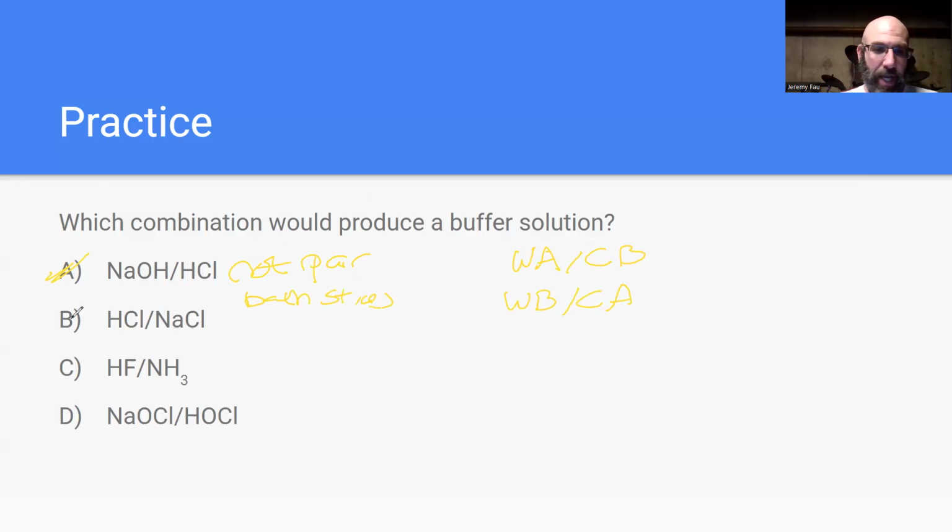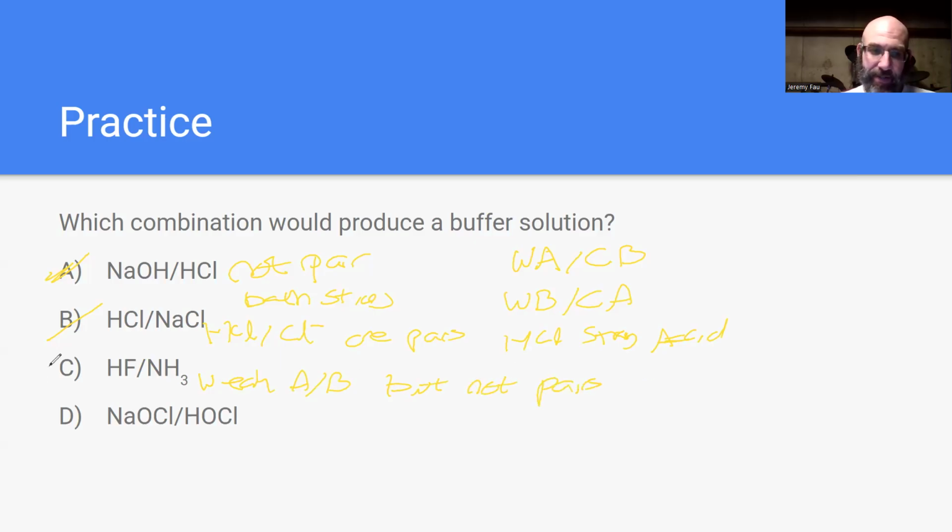So that doesn't work. B doesn't work because although HCl and Cl minus are a pair, HCl is a strong acid. HF and H3 work because they're weak acids and bases, but they're not pairs.